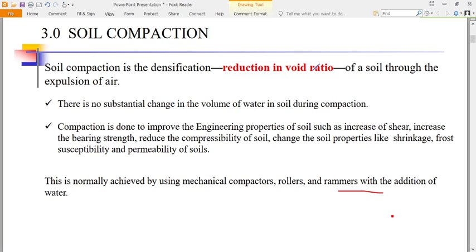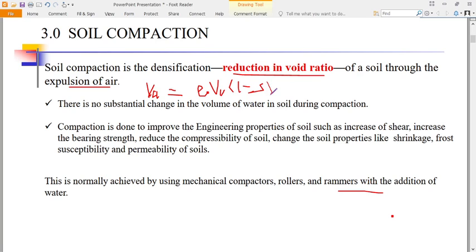Here we reduce the air voids, through expulsion of air. Remember we looked at the formula for the air voids: V_a = e V_v (1 - S), where e is the void ratio.